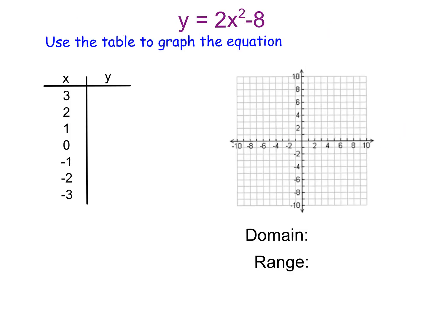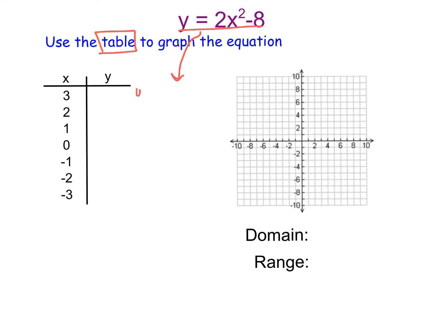So now that we've got the a value down, let's try to incorporate some c values into our quadratic function. So here what we're going to do is we're just going to use the table to graph this particular equation. So we have y equals 2x squared minus 8, and all we're going to do is take this equation and substitute in values for x and calculate the corresponding y value.